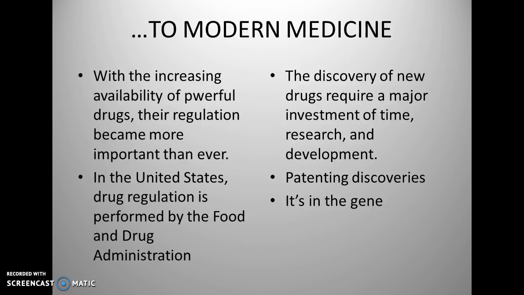And so many times, these pharmaceutical and biotech companies patent the discovery in order to ensure that it is protected, and they have time to recoup the expenditures to actually design this particular drug. So the discovery of new drugs requires a major investment of time and research, and many of the findings of medicine that have been very helpful have been found in a gene.